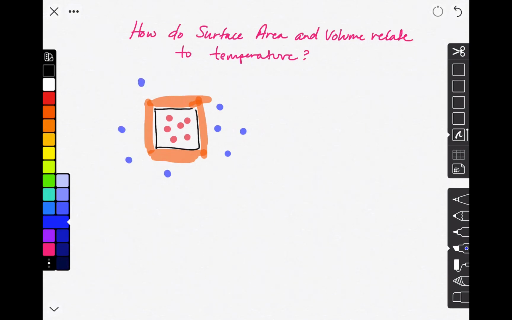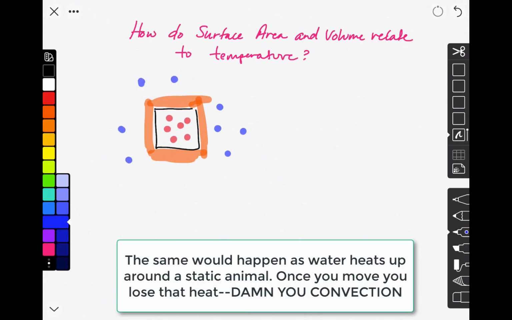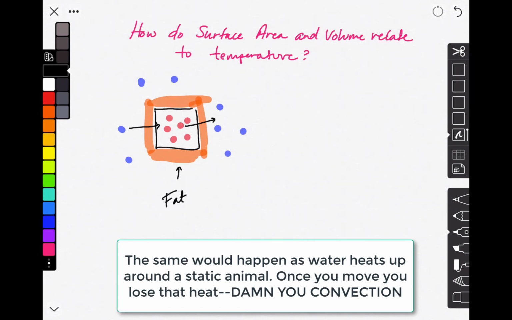Now again, I'm increasing the distance that it takes for this cold molecule to get in, and I'm increasing the distance it takes for the hot molecule to get out. To top it off, fat is not super heat conductive, meaning that in general, it's a hard thing for this molecule to cross.